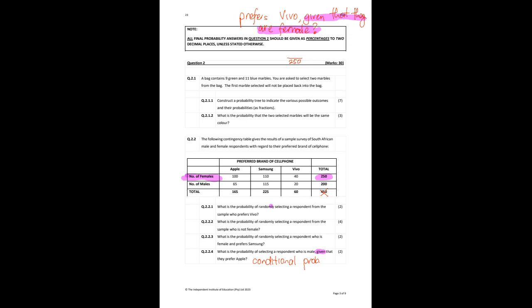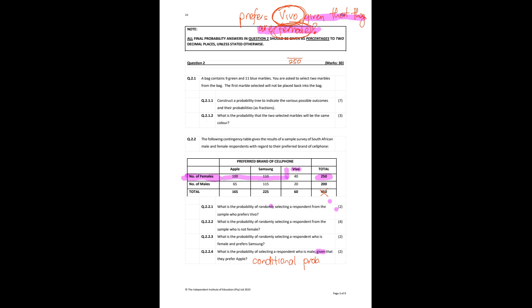And your numerator then is going to be both the variables. So a person who prefers Vivo and is female. So in your table, you're going to go in line with Vivo and female, and that's the 40.